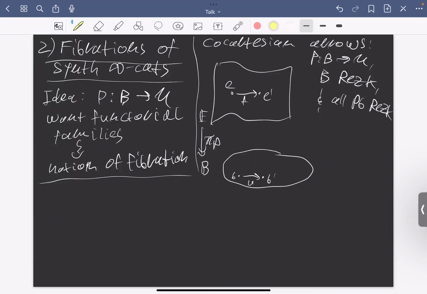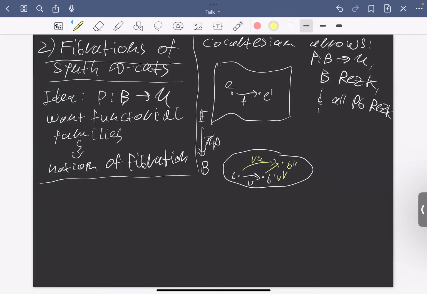So for every arrow that I can post-compose u with, so for every v from B prime to some B double prime, I can look at the composite because I'm in a Rezk type.